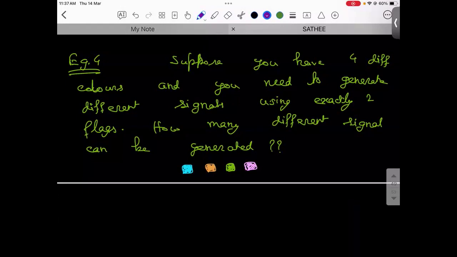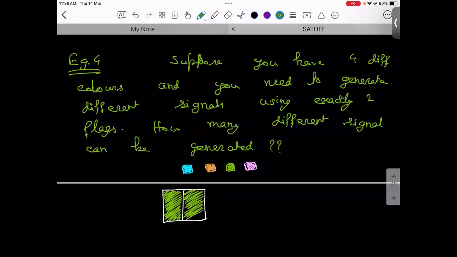Fine. Now I need to make a flag using these 2 different colors. So suppose I have this flag, and I have this signal. So I have to use 2 different colors. Now suppose I have used green here. So here I need to color with any color other than green, because if I draw the green color, then that is nothing but the first one.